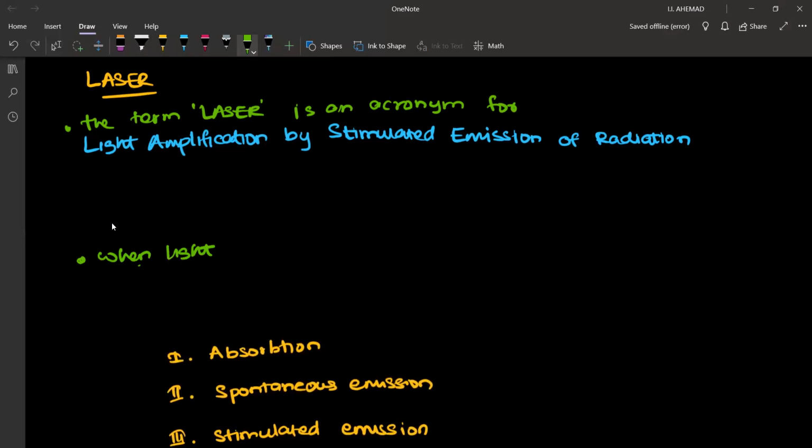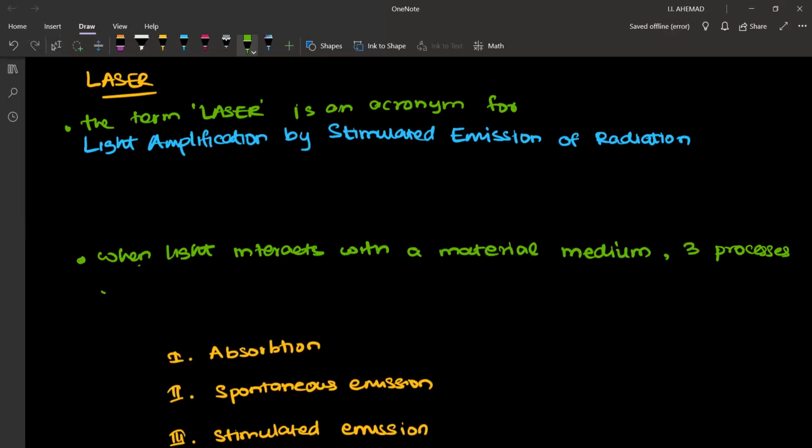The second point, when light interacts with a material medium, three processes can take place.